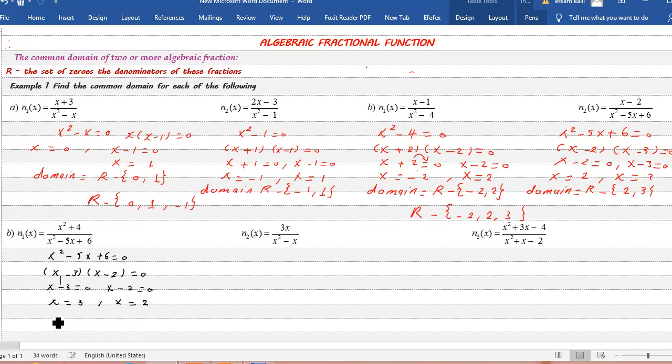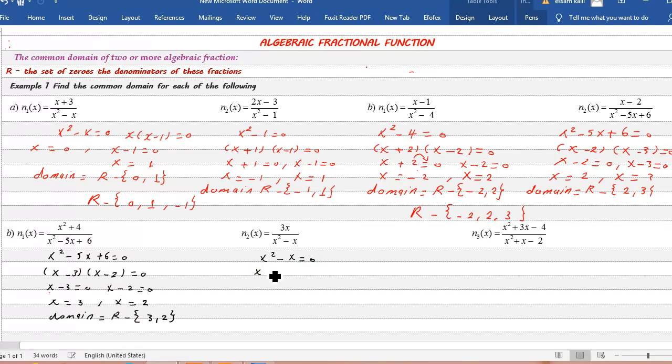So the domain equals R different 3, 2. Find the domain of n2. Put x² minus x equals 0.